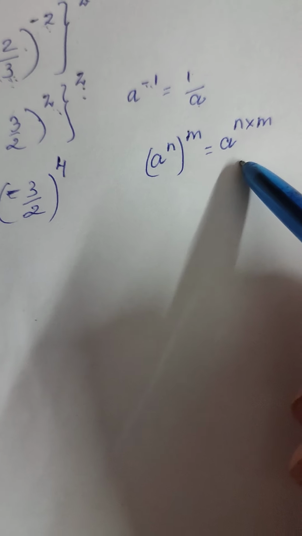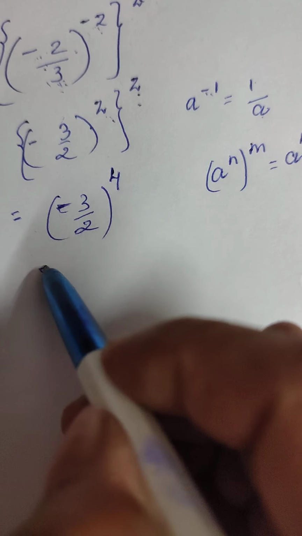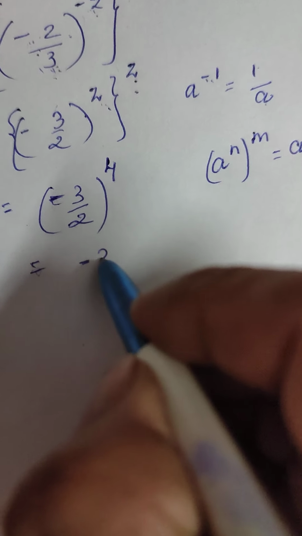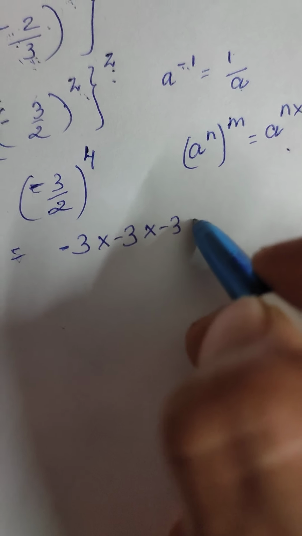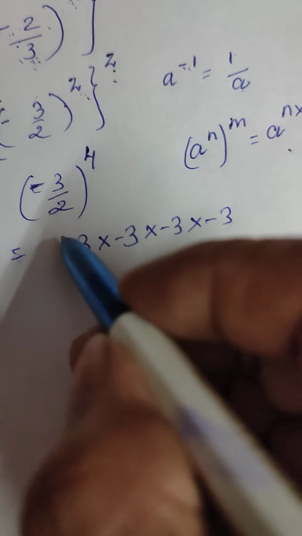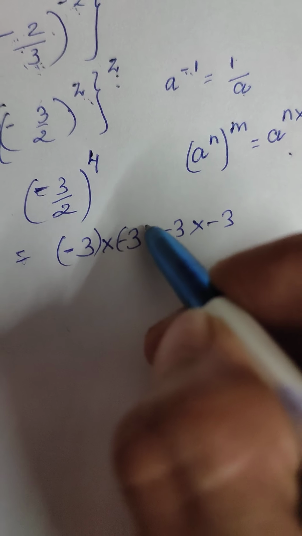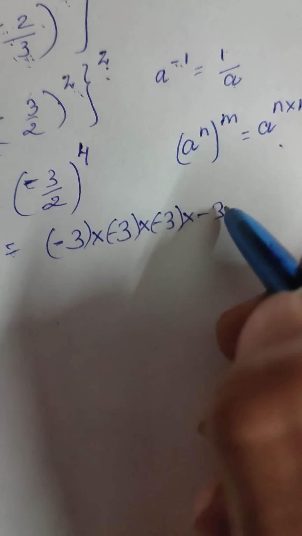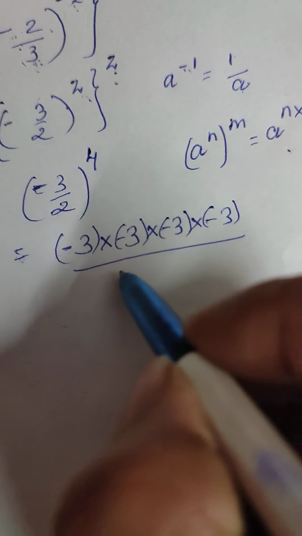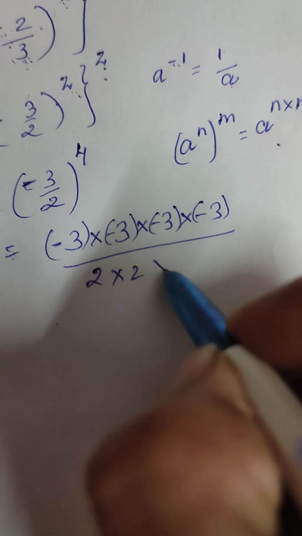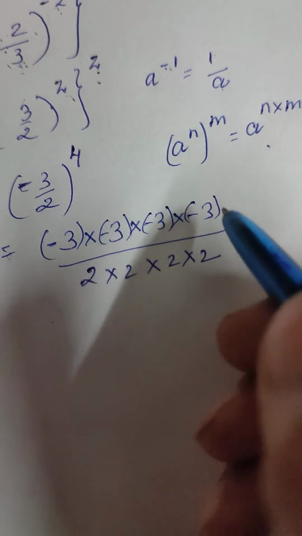So using this law, what does it mean? (-3) into (-3) into (-3) into (-3). Since we are taking a negative integer, it should always be written in the bracket. Divided by 2 into 2 into 2 into 2, 4 times 2. Why?